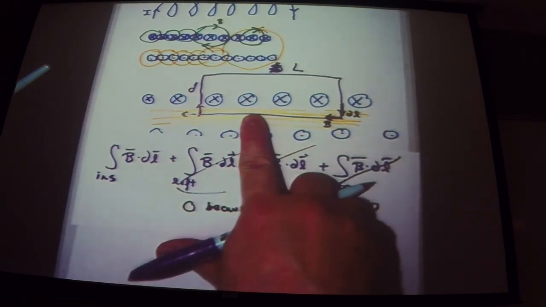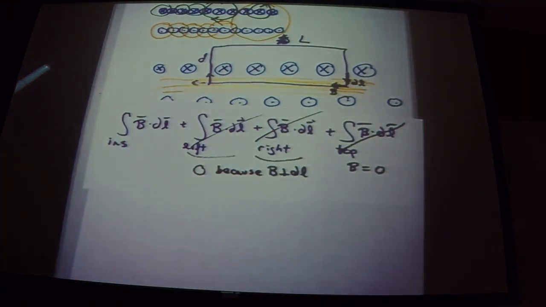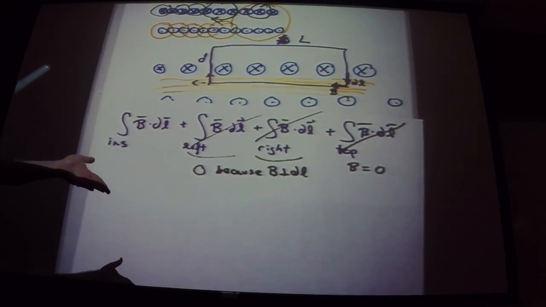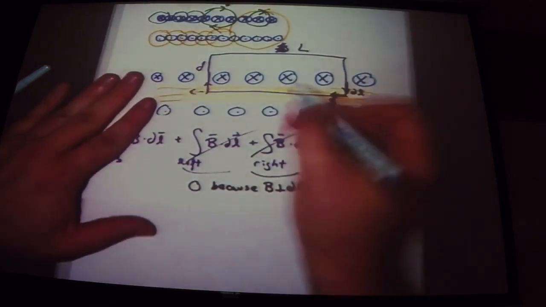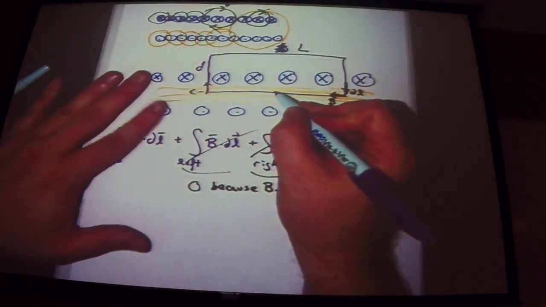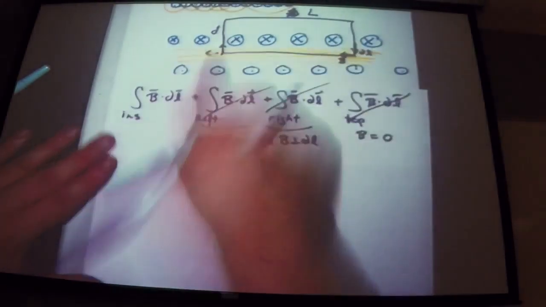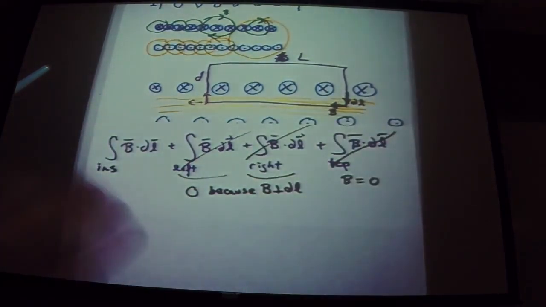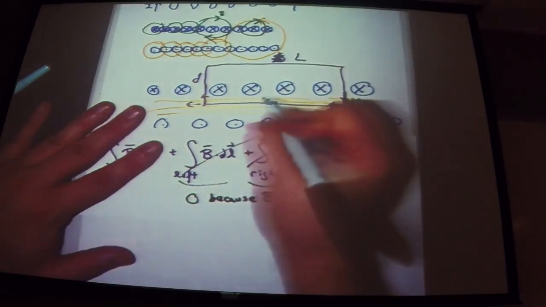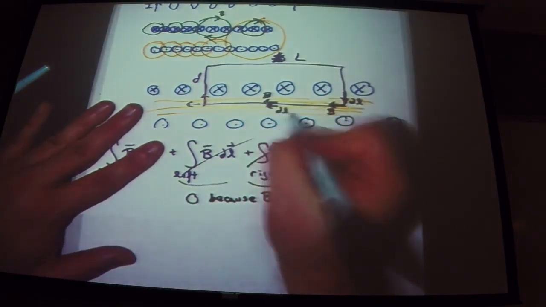If you look at your financial aid line and you walk up 2 spots, it doesn't look any different because it's an infinitely long line. So the magnetic field here is going to be the same as the magnetic field here. So we can pull that out. It's also parallel to dl at all points. So here's my B, my dl is parallel.